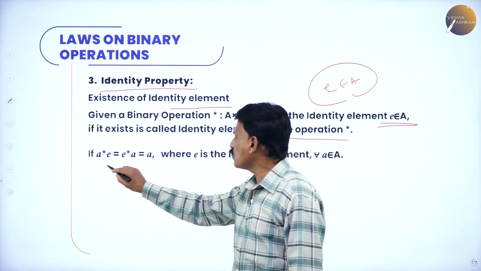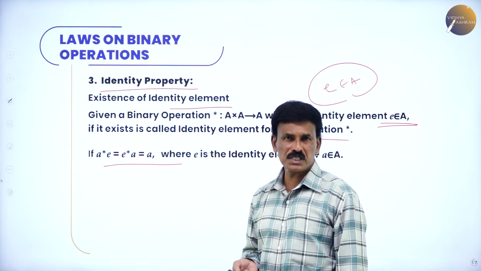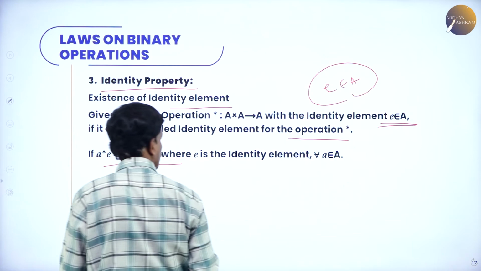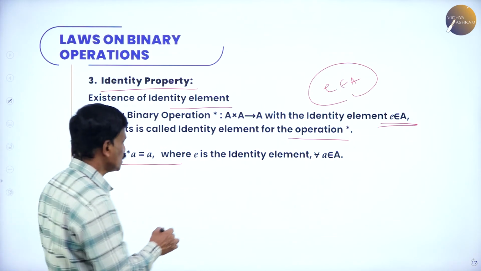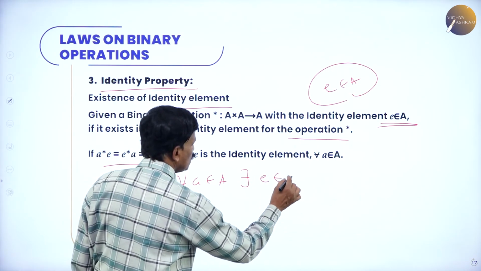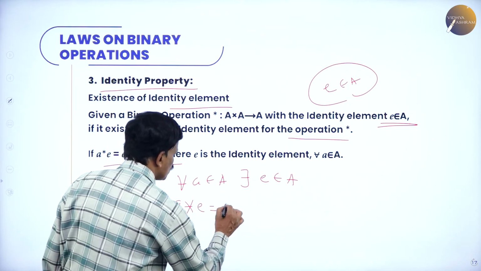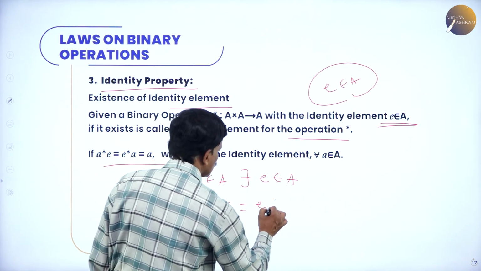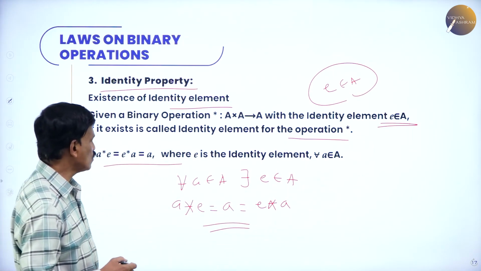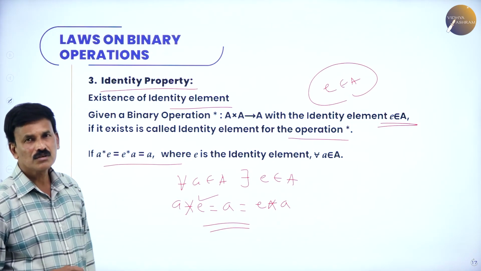If A star E is equal to E star A is equal to A, that is, any element into the identity element is equal to the same element, then we can say that E is the identity element of A. So, if for all A belongs to A, there exists an element E belongs to A such that A star E is equal to A or E star A is equal to A, then E is called the identity element of A. Okay.